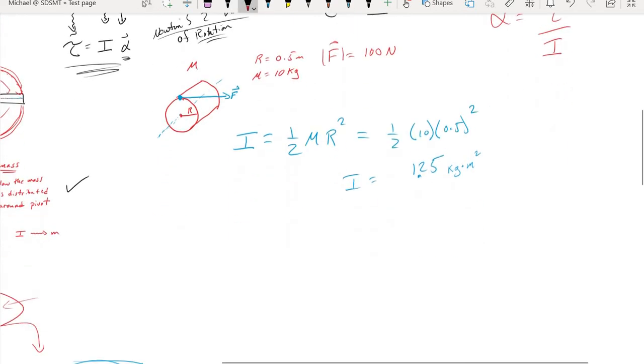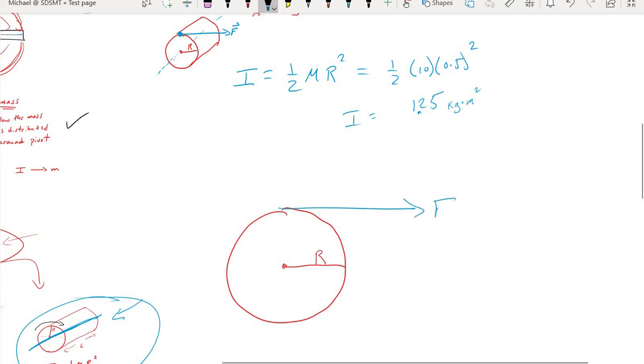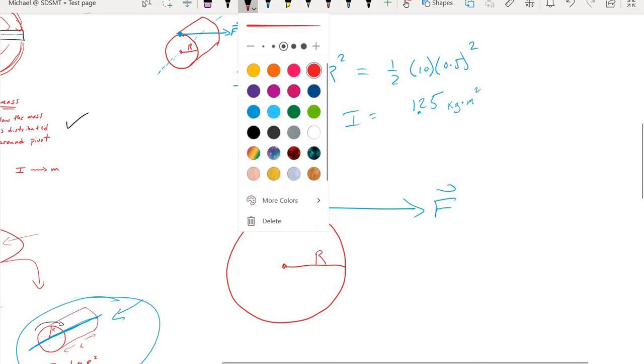And it may not look like it because I've drawn the radius like this, and I've got the force like this. Well, keep in mind that we placed the force right here. The force is influencing our cylinder right there. I need to know how that force is oriented with respect to the radial direction, or the radial vector.